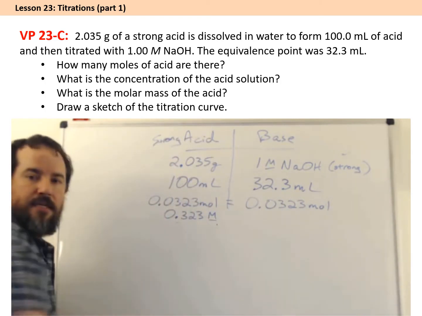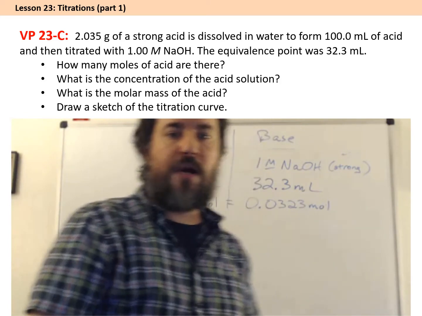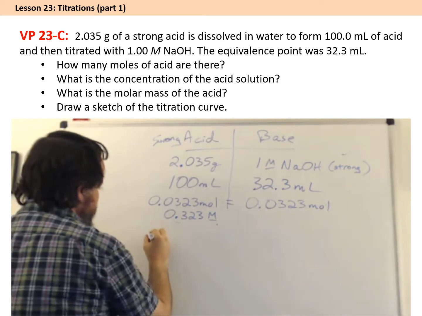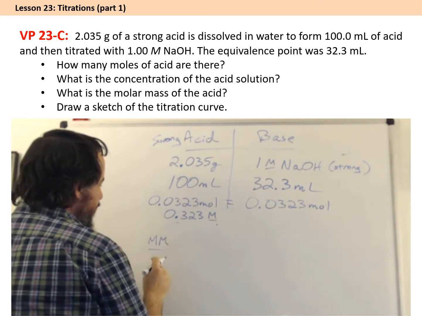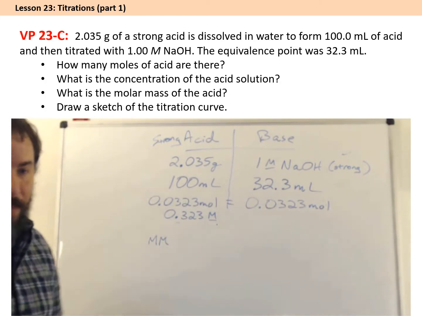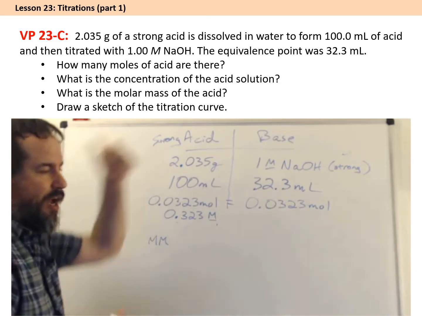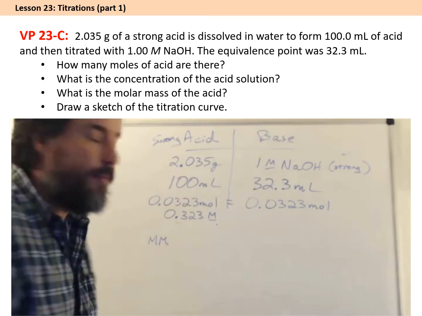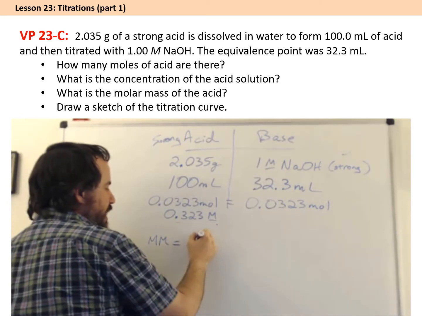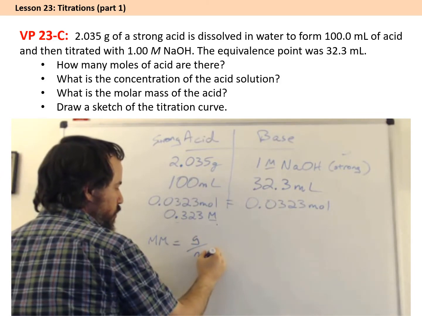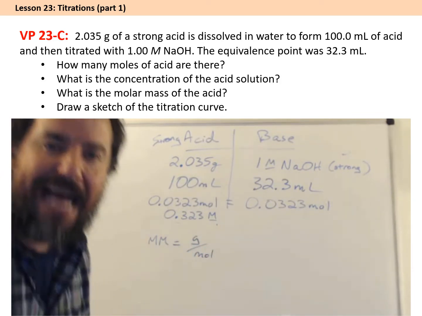All right, the third question, what is the molar mass of the acid, right? Remember all the way back to 215, the most important thing, stoichiometry is number one. Second, molar mass, right? Molar mass is grams per mole of the acid.